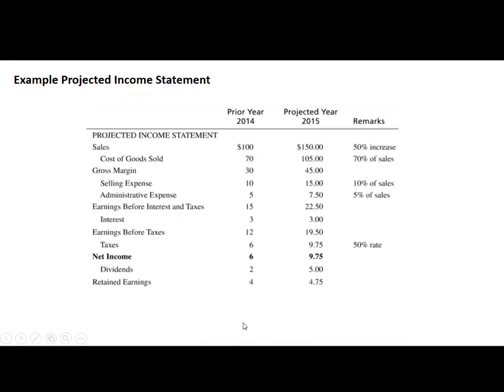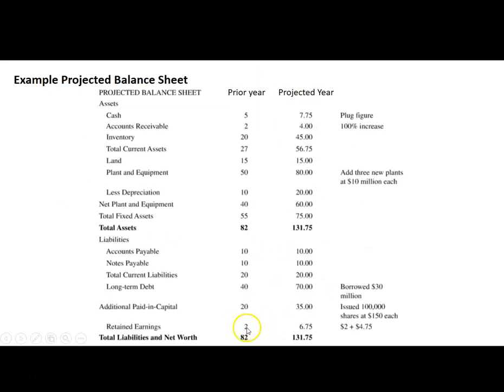And then we added in that 4.75 from our income statement. So 2 plus that 4.75 from the income statement gives us our projected retained earnings for the projected year. 2 plus 4.75. So that's the link between the income statement and the balance sheet.